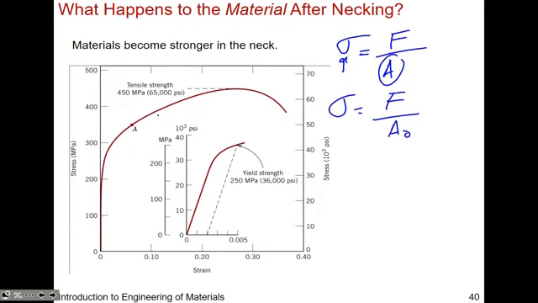Okay, but what you see here in this plot is, after the start of necking, we still normalize by the initial A naught, so by the initial cross-sectional area, and so you see it actually going down.